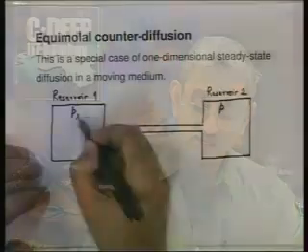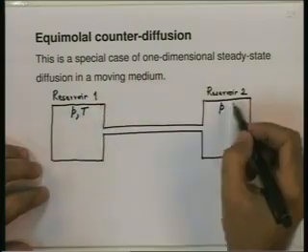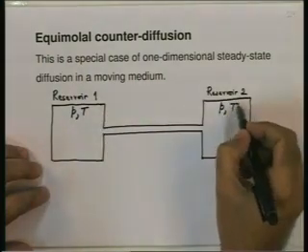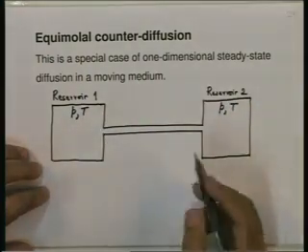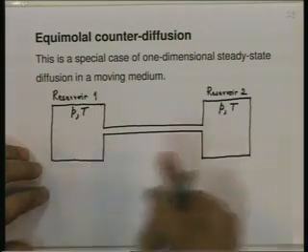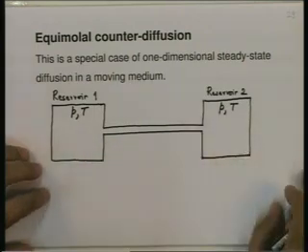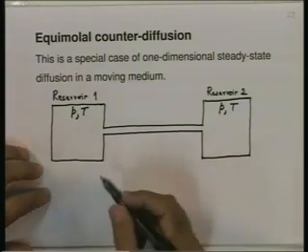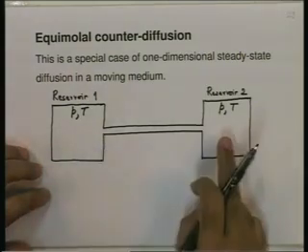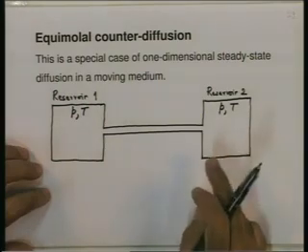In the case of equimolar counter diffusion, we assume that both the reservoirs are at the same pressure P and also at the same temperature T. They contain a mixture of two gases, assumed ideal gases, but the concentration is different in reservoir 1 and in reservoir 2.